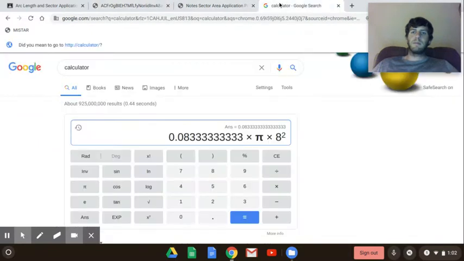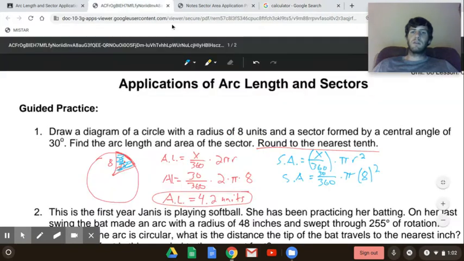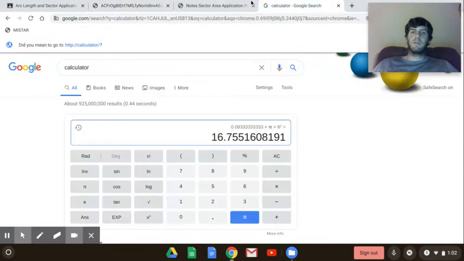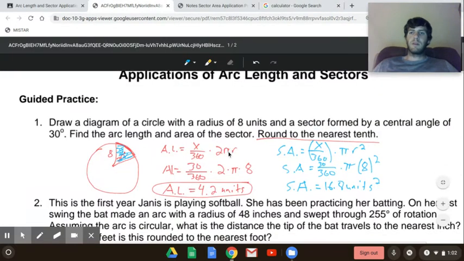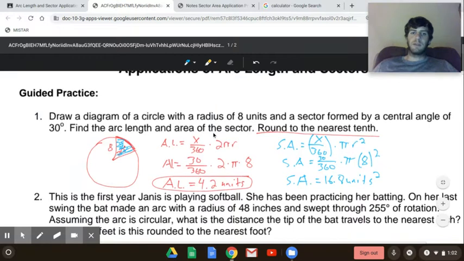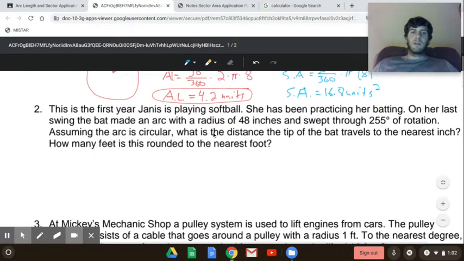Rounding to the nearest tenth, one decimal, 16.75 becomes 16.8 units squared. So it's 16.8 units squared. All right, so that's a review from last week. Then we have another one.